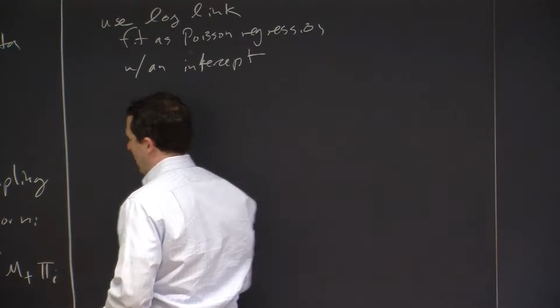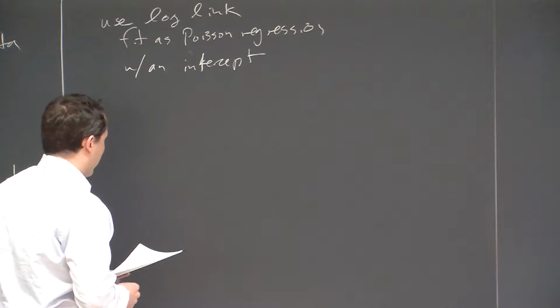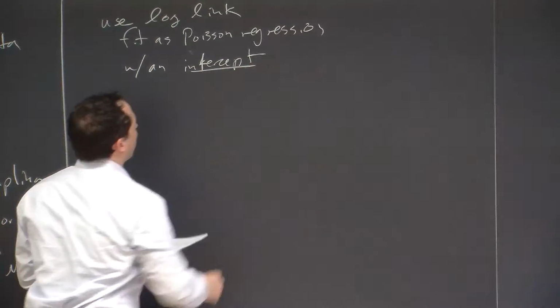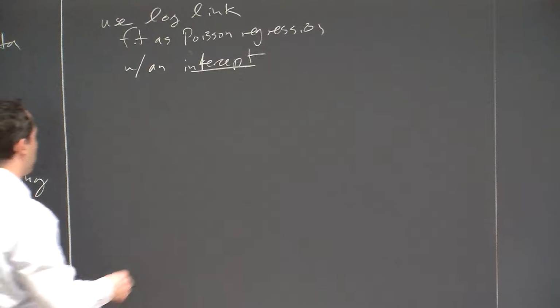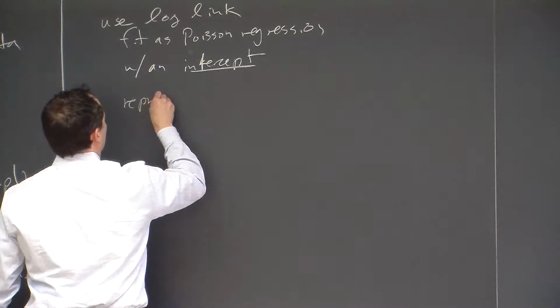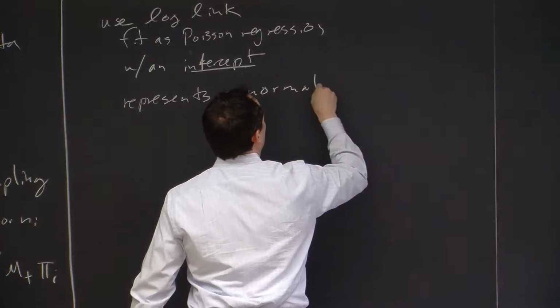If we didn't have the intercept, then we don't have a free parameter that can handle this. So this intercept, in the case of a multinomial distribution, isn't really a free parameter that we're estimating, because we may have fixed that number in our design. Instead, you should think about it as a normalizing constant.